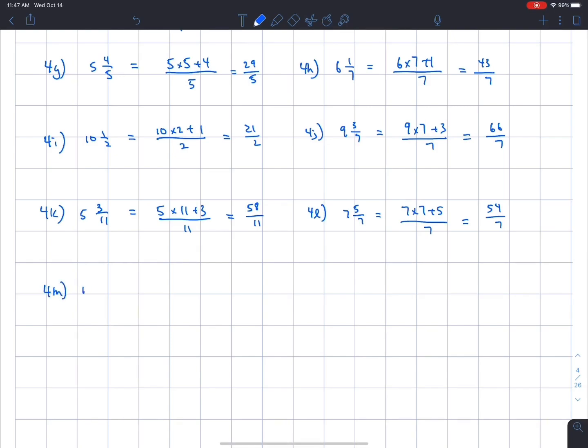For M, 13 and 4 over 9. We have 13 whole, each whole has 9 little pieces, plus the numerator 4 over the same denominator. 13 times 9, 9 times 3 is 27, 9 times 1 is 9, plus 2 is 11. So 117 plus 4 is 121. This will be 121 over 9.